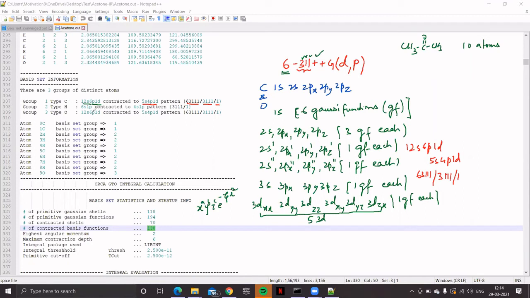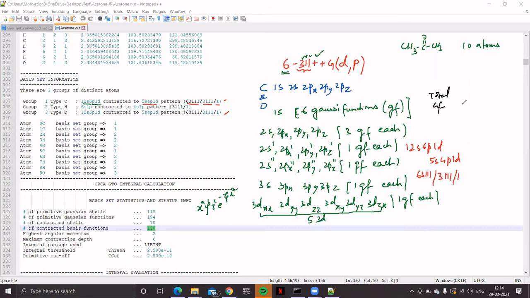This is the same for carbon and for oxygen. So let's count it. Total, how many Gaussian functions for each carbon and each oxygen? It will be 6 in this case, 3 for each one.